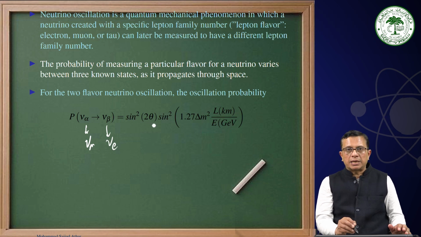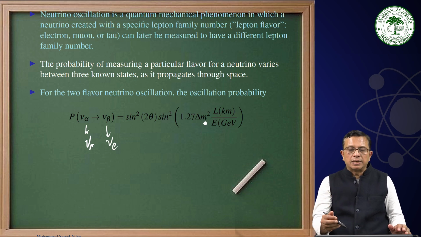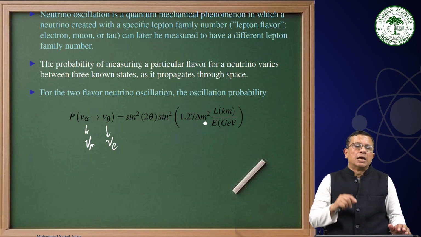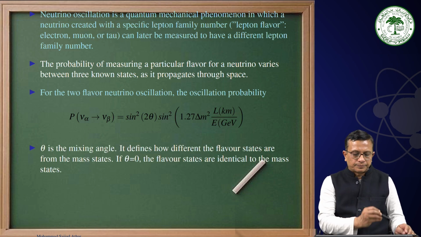This theta is the mixing angle, and delta m square is the difference in the mass square of the different eigenstates. L is the length through which that neutrino has traveled, and E is the energy of the neutrino. Today we shall try to obtain this result.